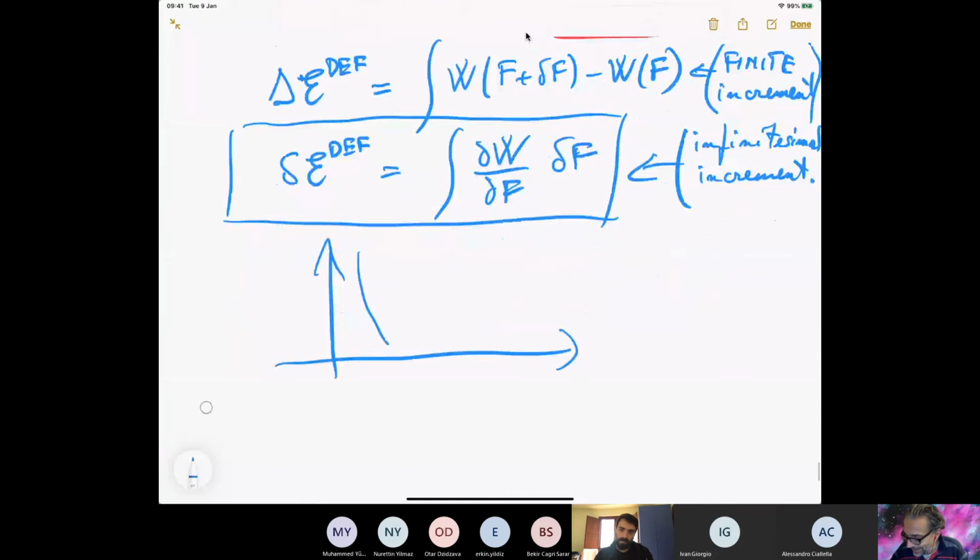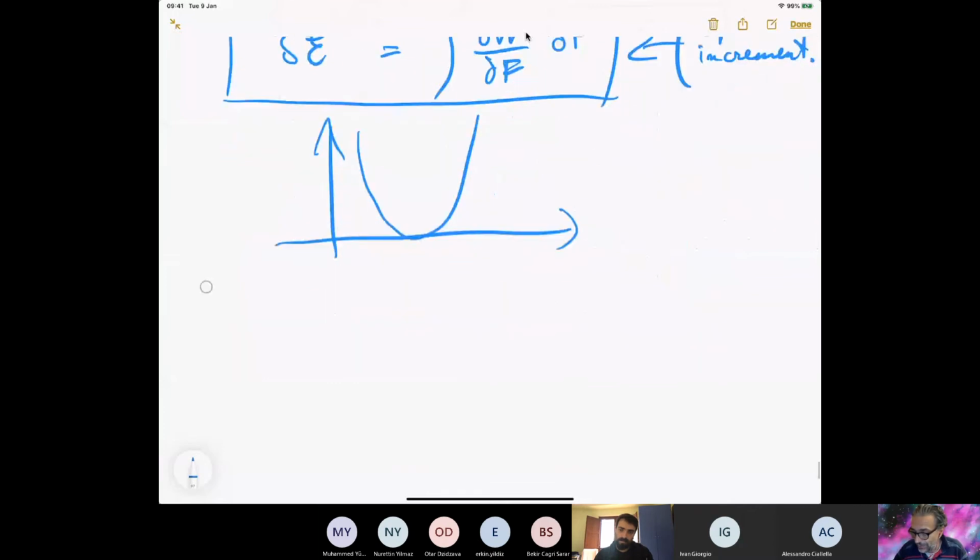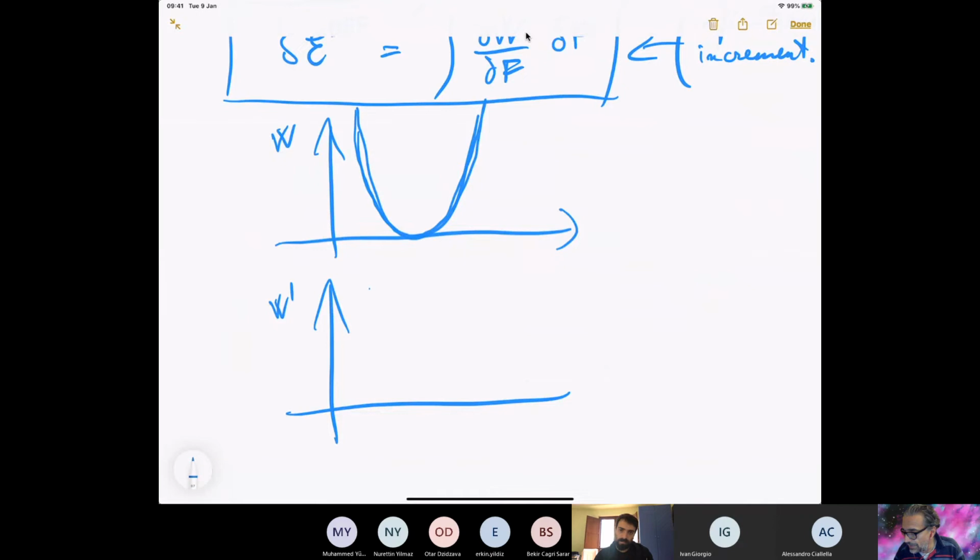If I have a quadratic energy, I calculate the derivative. It is a linear function. The linear function is like that. So the derivative of this is negative here, 0 here, positive there.